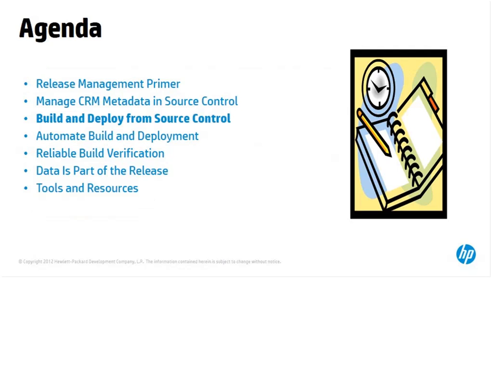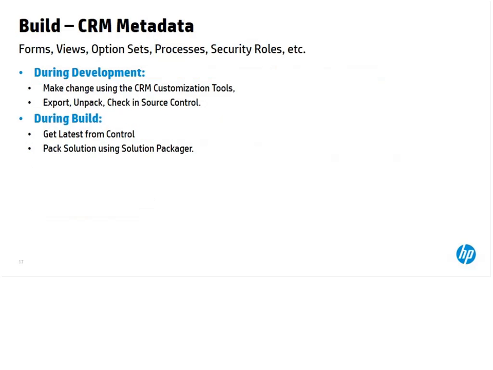Okay. So the next topic that I'm going to cover, now that we've established what we'll need to do from a development perspective to support this type of release management process, is how we can build and deploy from source control. Now, in order to build CRM metadata, as I already covered during development, we make changes in the customizations tool, and then we export, unpack, and check everything into source control.